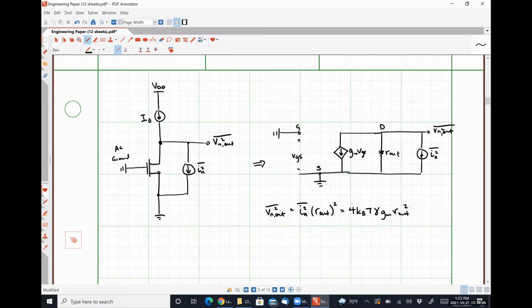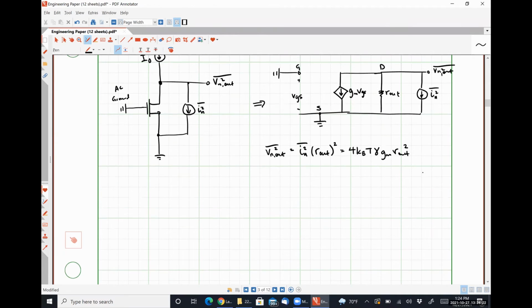But if we make the output resistance smaller, how does that affect our transistor's ability to amplify signals? It also gets smaller as well, right? So the smaller we make this, the crappier of an amplifier we have because we're lowering the gain as well. So the only thing that we really have direct control over is our transconductance there, right? So if we want to make our amplifier less noisy, we have to make our transconductance smaller, right?